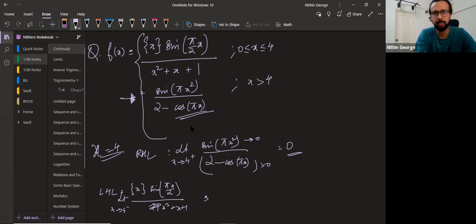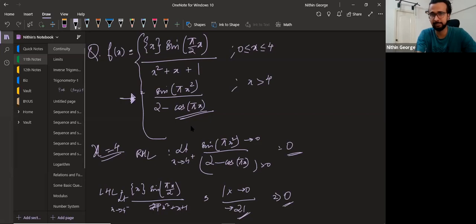The idea is the fractional part of x. The fractional part of 3.99999 will tend to 1. Sine of 4 pi by 2, sine of 2 pi, will tend to 0. And the denominator tends to 16 plus 4 plus 1, which is 21. So you can see that the whole thing tends to 0.